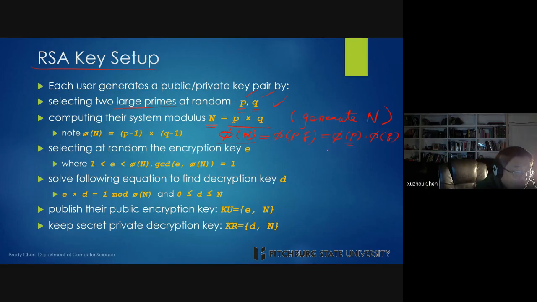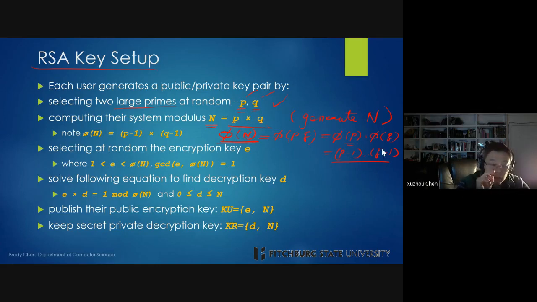And p is a prime number, so phi of p is p minus 1, and phi of q is q minus 1. So you can easily calculate phi of n. Once you find the two prime numbers p and q, you just multiply p minus 1 and q minus 1, and you get phi of n. So n is p times q, and phi of n is p minus 1 times q minus 1.